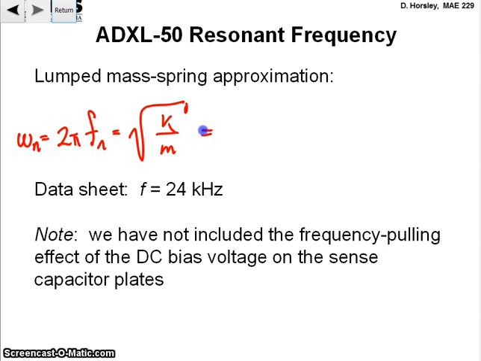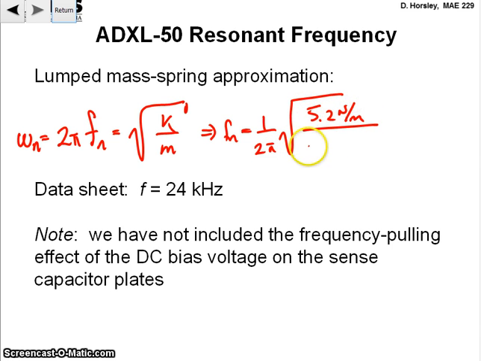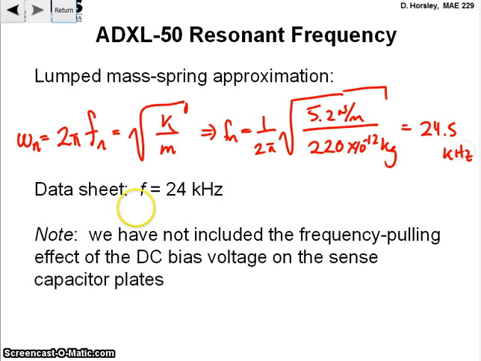And so what we get is that Fn is 1 over 2 pi times square root of 5.2 newtons per meter divided by, remember we have to use kilograms here, 10 to the minus 12 kilograms, because we're using newtons in the numerator. So we get 24.5 kilohertz. And the datasheet value is 24 kilohertz. So this is pretty good.